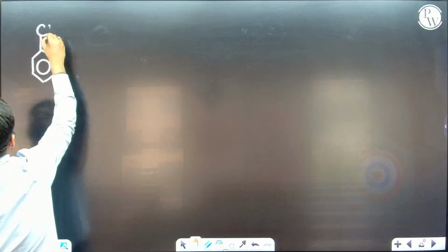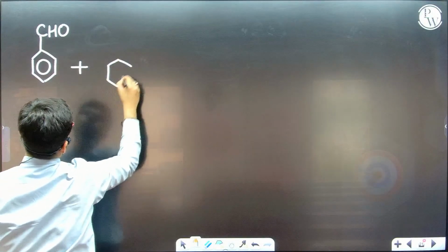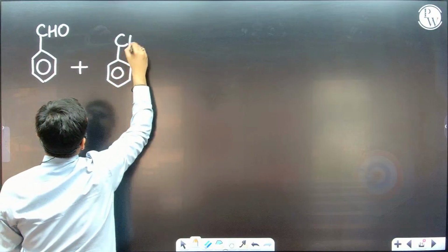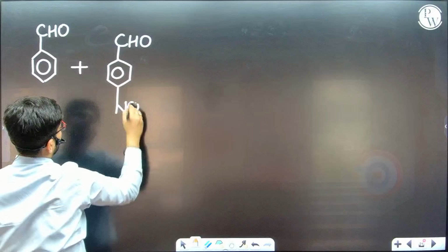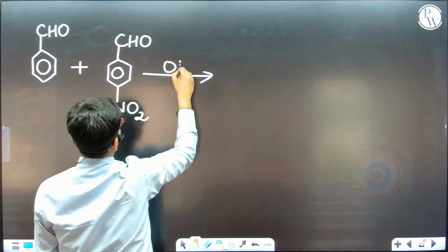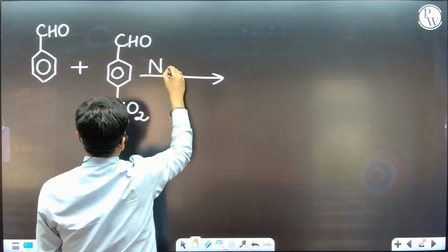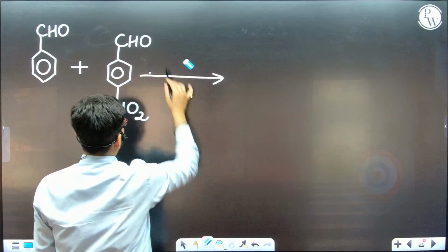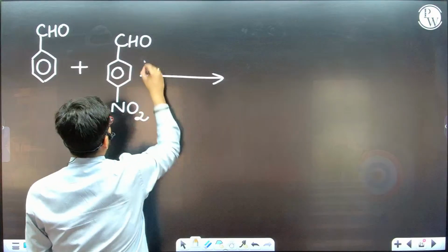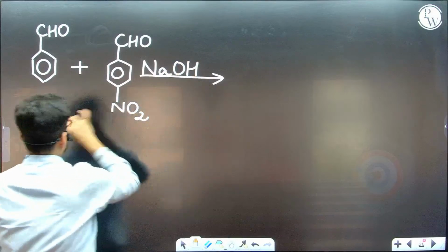Benzyl alcohol. And this is sodium formate or sodium methanoate. Now see, if I ask you what will be the major products of this cross Cannizzaro reaction, I have benzaldehyde here, and I have 4-nitrobenzaldehyde. So what are the major products here? So we have two different aldehydes now.